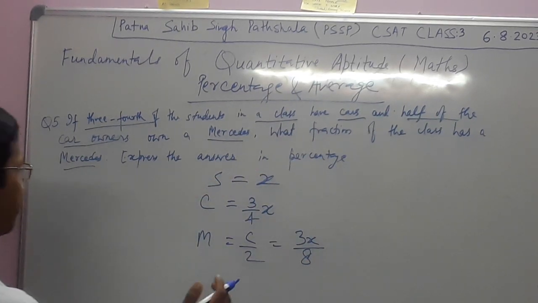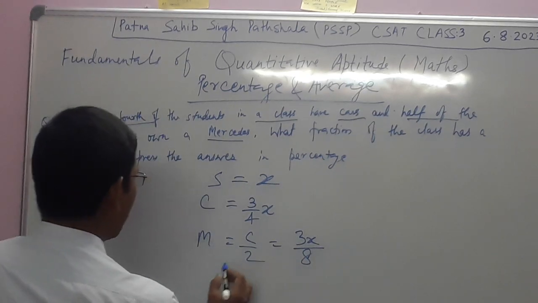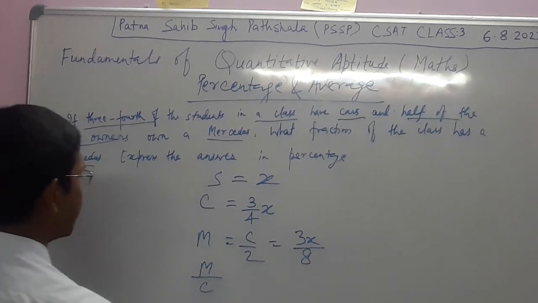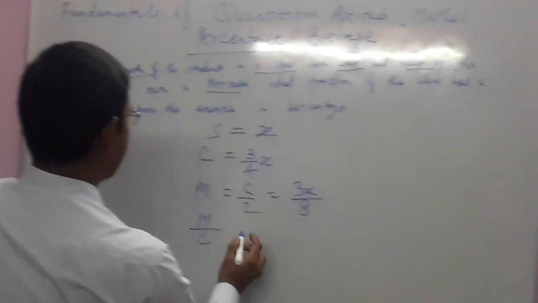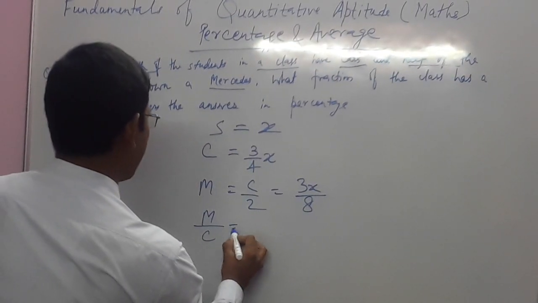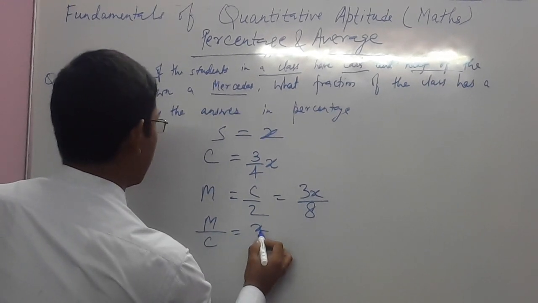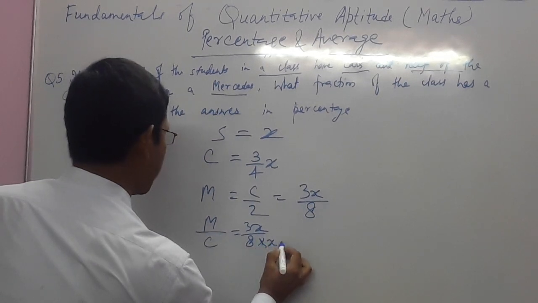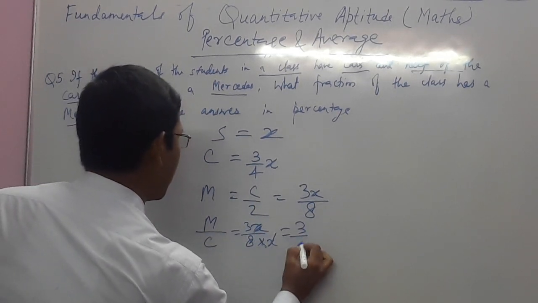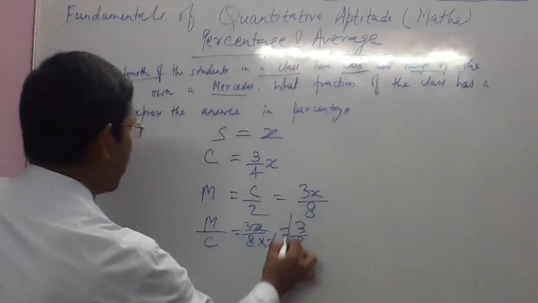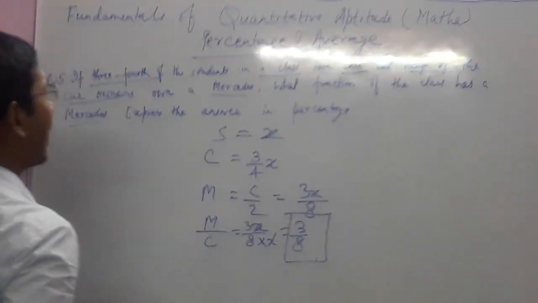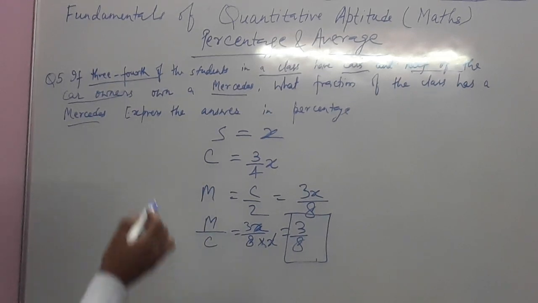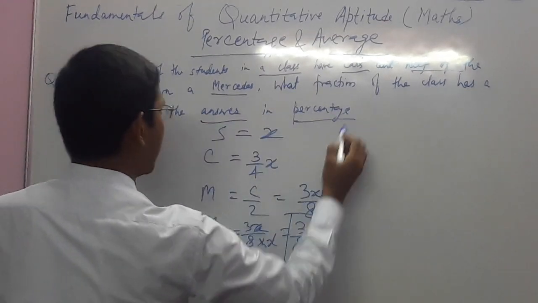So what fraction of the class has a Mercedes? It means 3 by 8 x into x, that is 3 by 8 fraction of the class will have a Mercedes, and we express the answer in percentage.